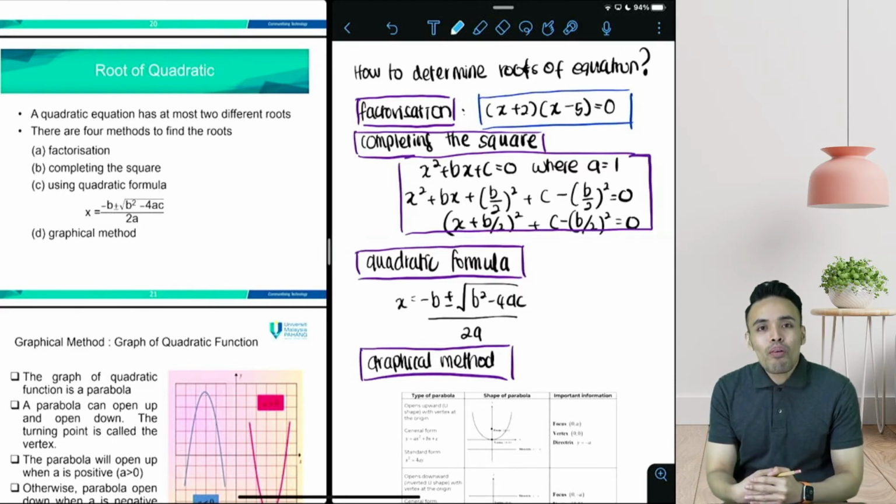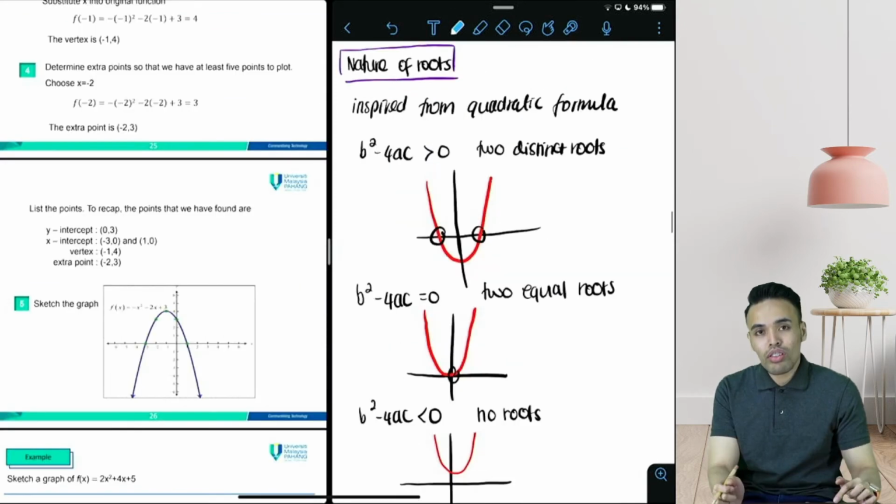There are several ways to determine the roots of a quadratic equation: the factorization method, the completing the square method, the quadratic formula, and last but not least, the graphical method.